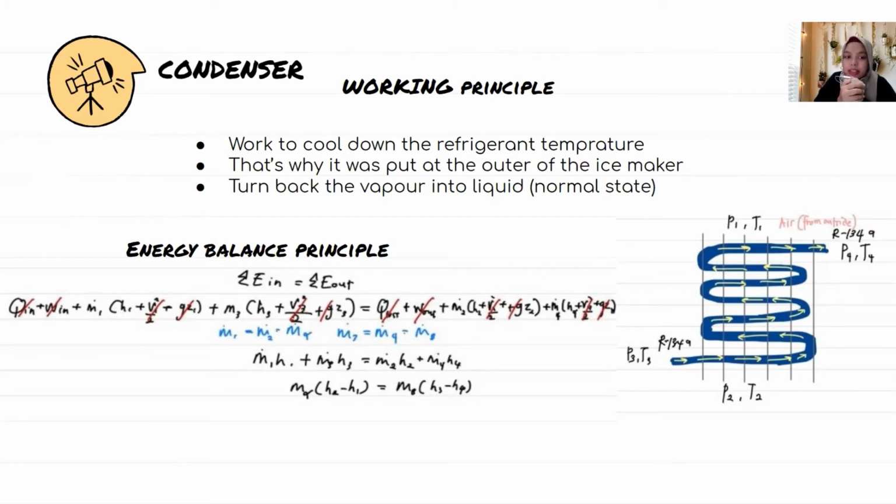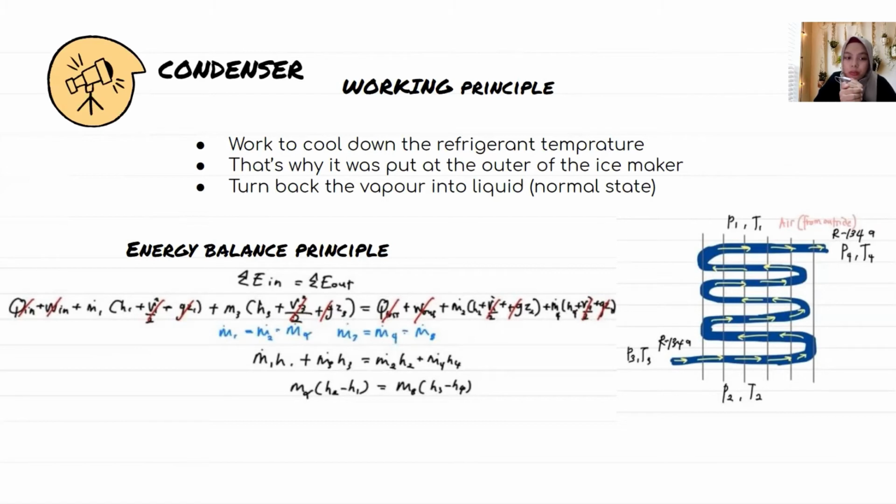For the energy balance principle, energy inlet equals energy outlet. We can cancel out Q and W, and also the kinetic energy and potential energy. The highlight of the condenser is that we need to categorize the m dot based on the substances, which are air and refrigerant.